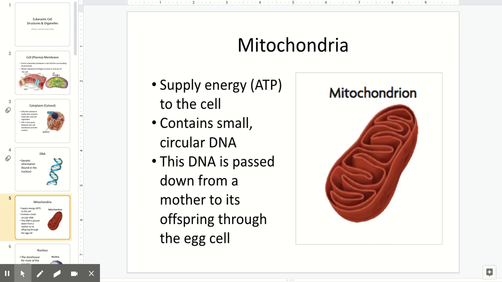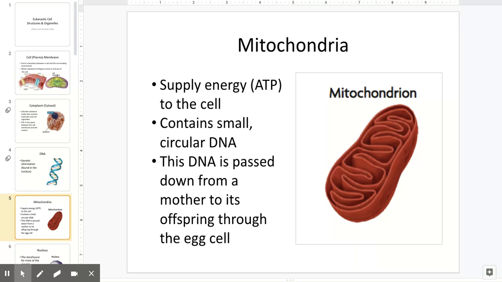Another organelle is the mitochondria. You may have heard it called the mighty mitochondria in the past, maybe in your study of biology in middle school. And this particular organelle makes ATP. ATP is cellular energy. And this is just a little side note, you don't have to know this, but inside the mitochondria is DNA.